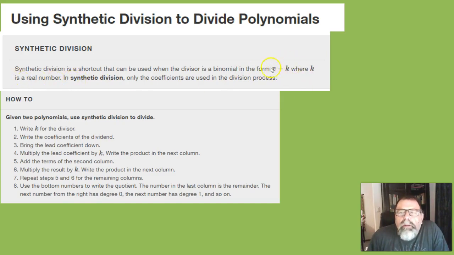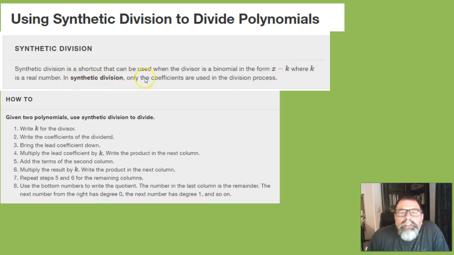So it's really important. You can only use this if it's x minus k. There's a couple tricks where if that leading coefficient's not 1, you can still use it, but you've got to be careful. Technically, the way it's written, it has to be x minus a number or x plus a number. Okay, so k is the opposite of this sign.